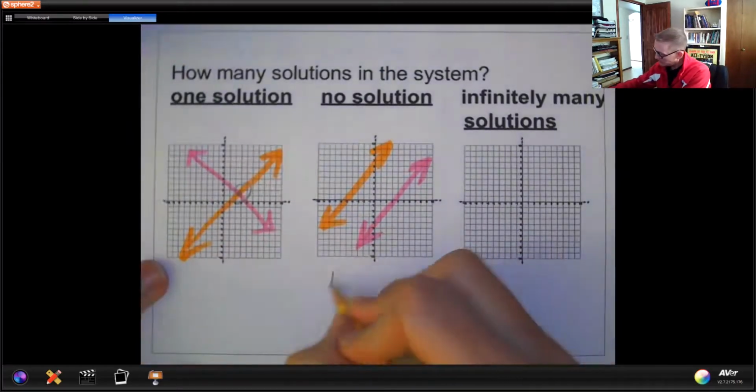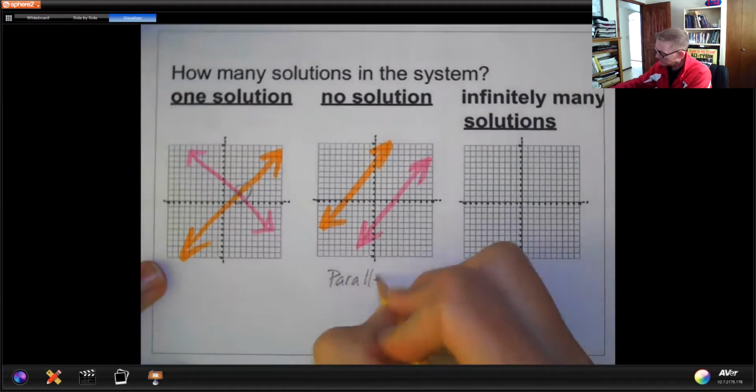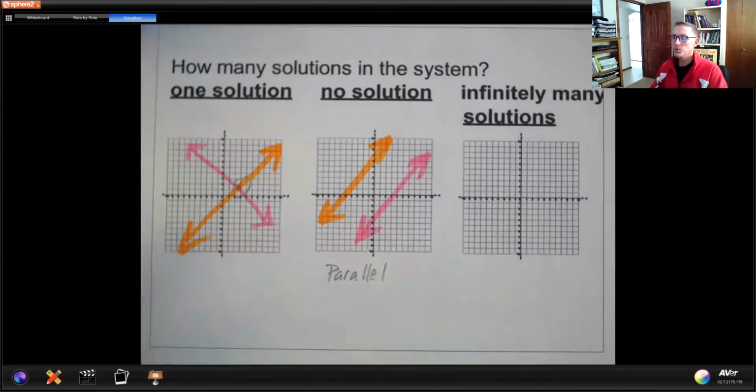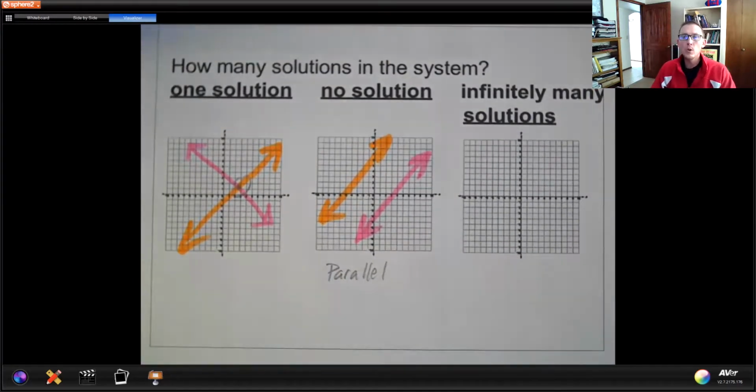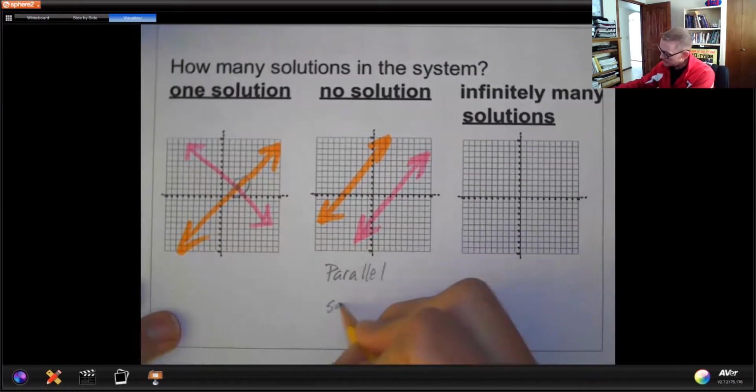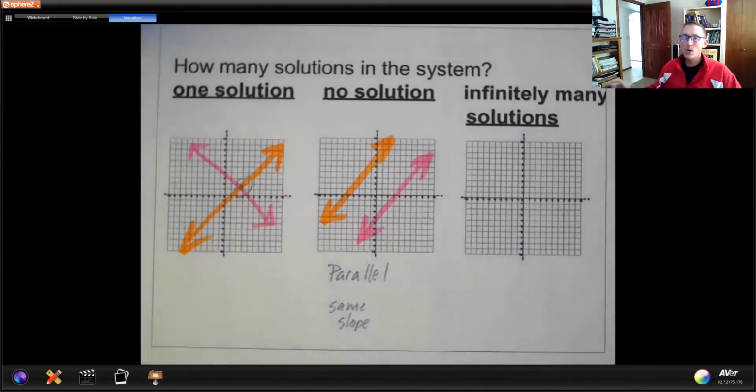So parallel lines are the ones that make no solution. Now, what do we know about parallel lines from second quarter? Parallel lines have the same slope. So if you have two equations that have the same slope but a different y-intercept, then they're going to be parallel. They're never going to cross each other.